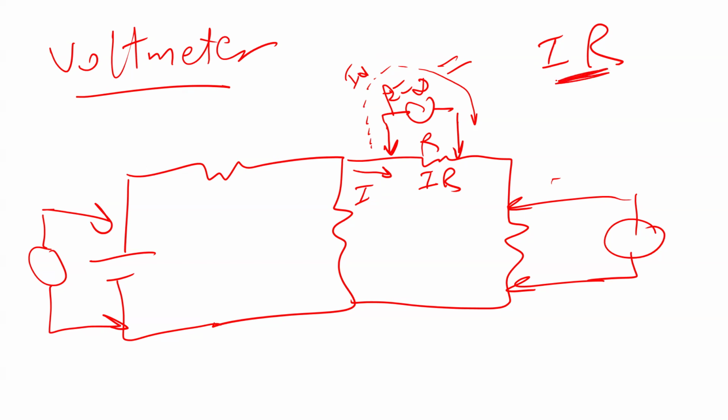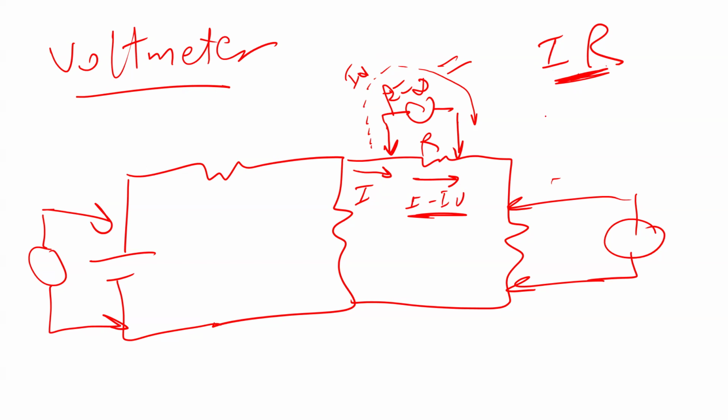So although I have to measure I times R, what I'm going to measure is this: the current here is I, but what flows this way, because of the disruption caused by the voltmeter, is actually I minus IV. So the current is going to split between these two branches.